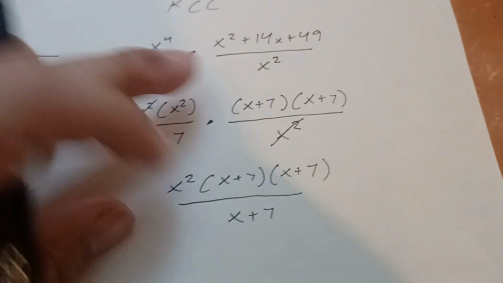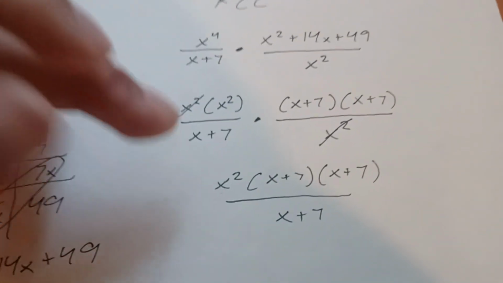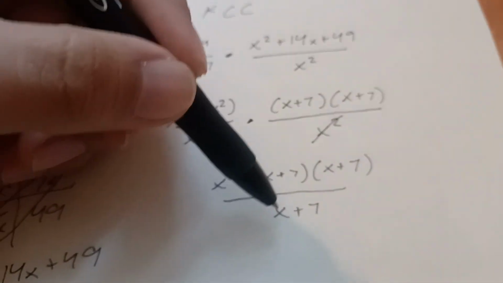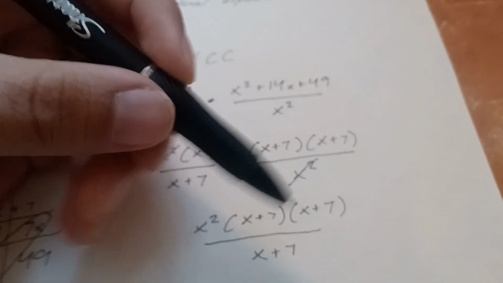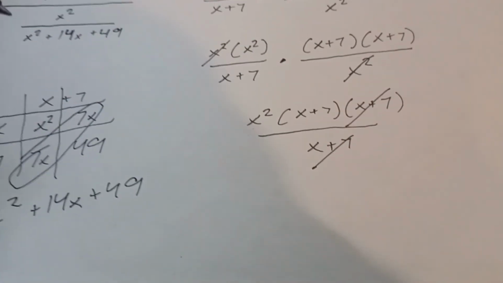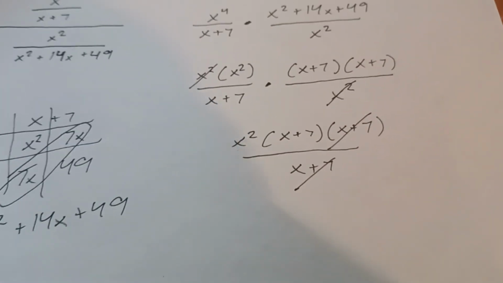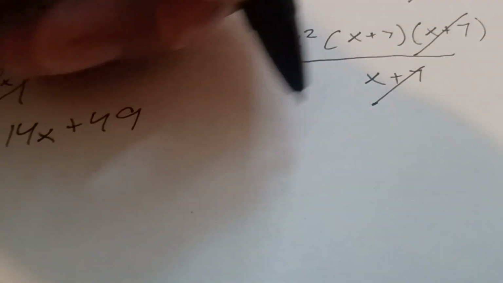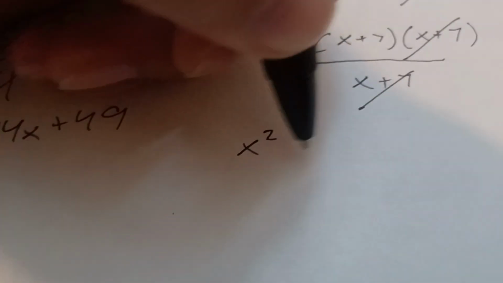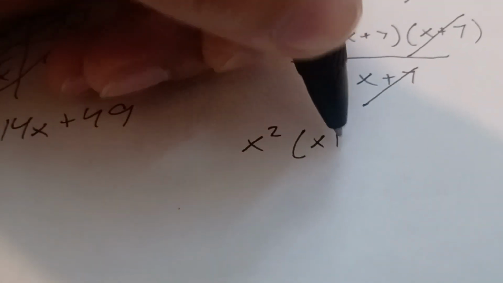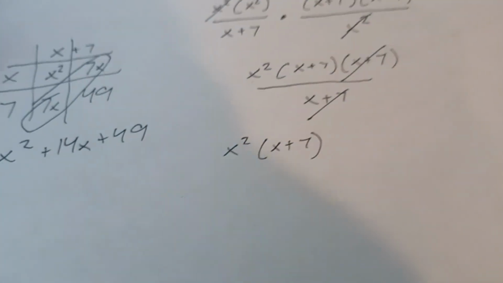Just like how we did with canceling like terms, we see that we have an x plus 7 in the denominator and an x plus 7 in the numerator. So we can cancel them out. Now we're only left with, in the numerator, x squared times x plus 7.